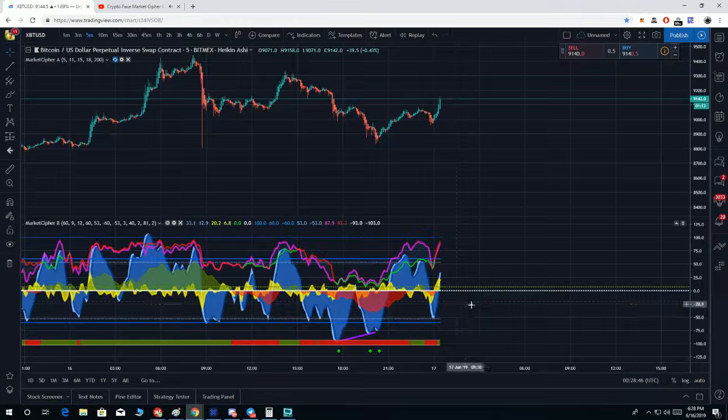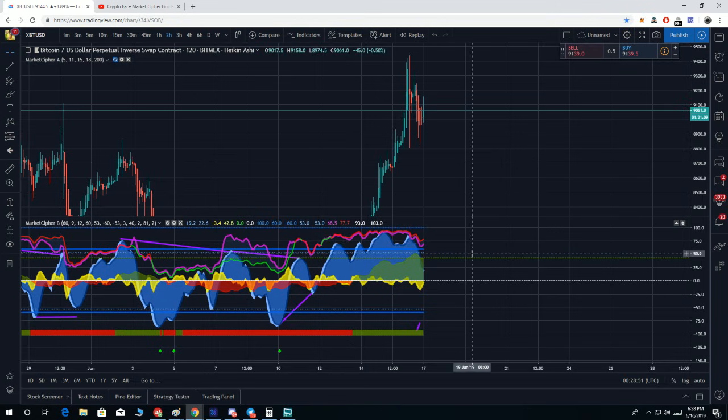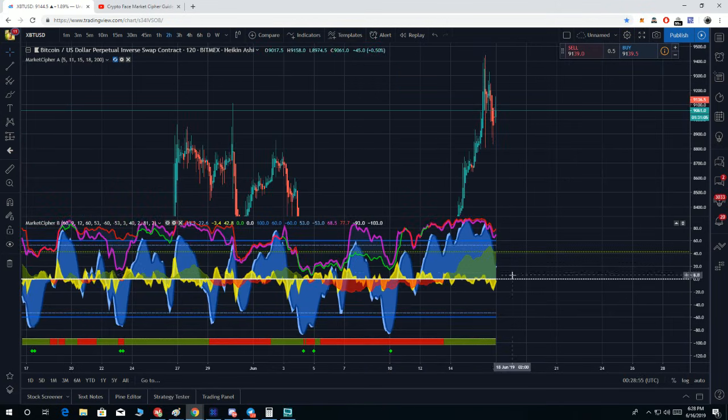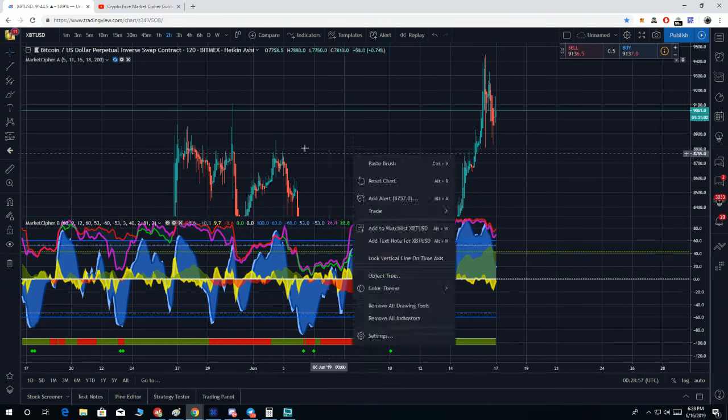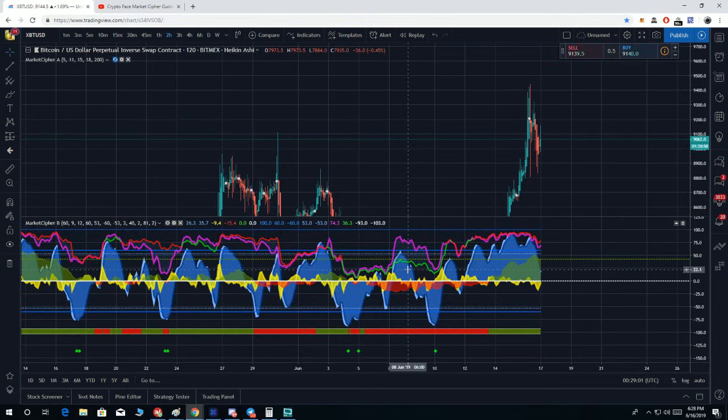Okay, so these are your RSIs, guys. These 2 lines. Let me clear us up a little bit. They fluctuate from 0 to 100. They are color-coded, so instead of staring at 2 lines, you're staring at 1.